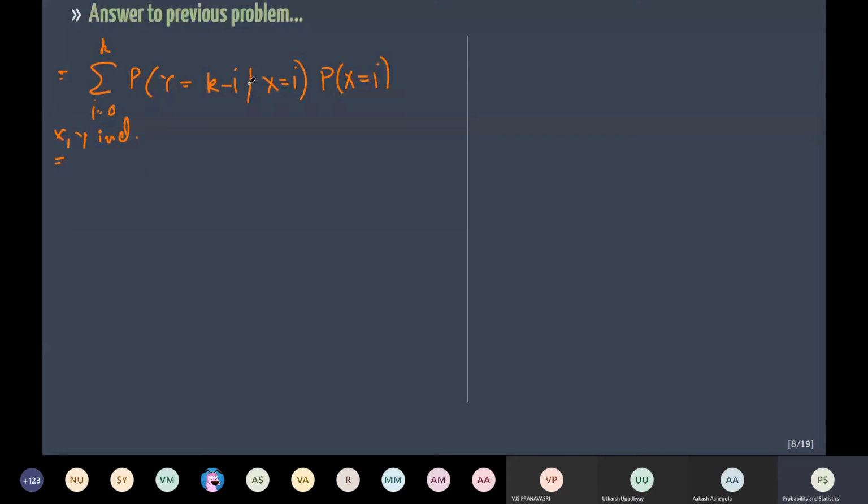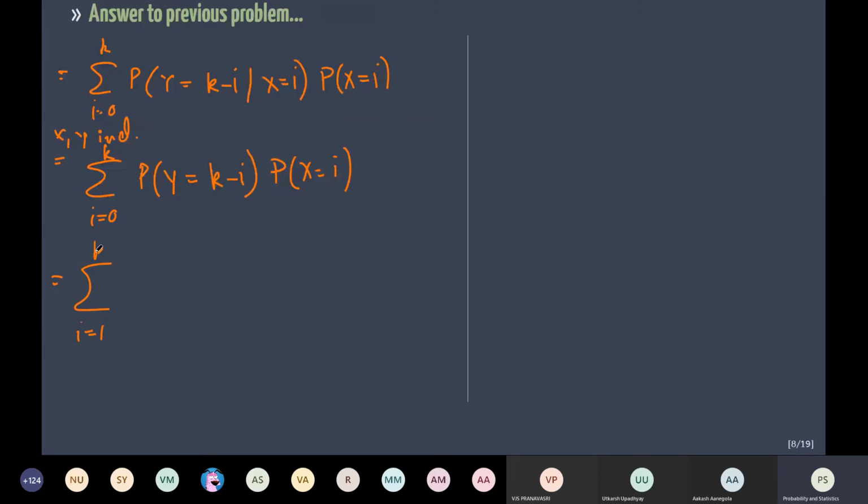So this is equal to the sum of i equals 0 to k, of probability that Y is equal to k minus i, times probability that X is equal to i. And now, because these are PMFs of Poisson, we can plug in the PMF.